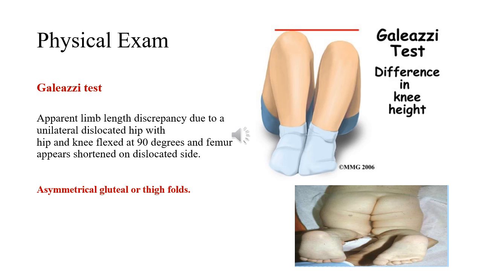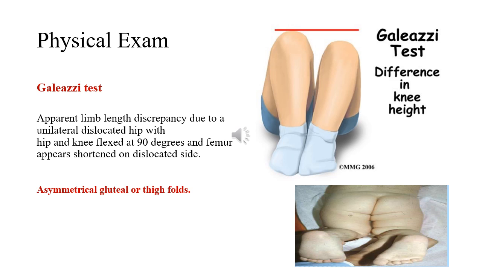The picture on the top right shows that the right patella is higher than the left, indicating a leg length discrepancy. This leg length discrepancy is caused by shortening of the left tibia in this case. However, in DDH, the shortening should be on the femoral side.